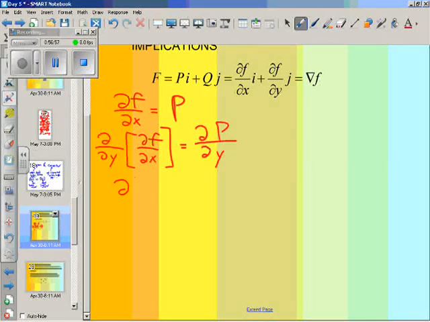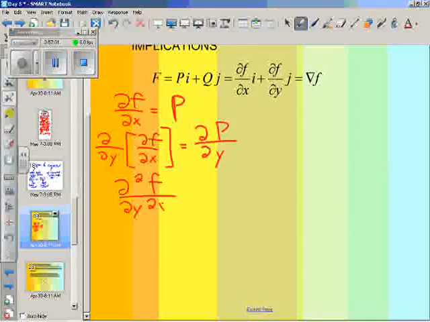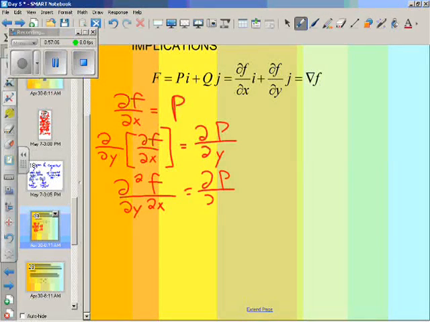Okay, so that would be the second derivative of f with respect to y and with respect to x. And that equals the derivative of P with respect to y.